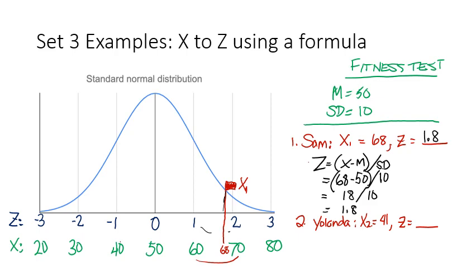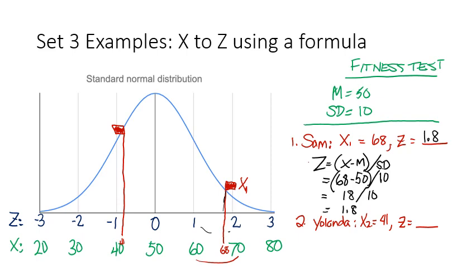So we know the 41 is going to be really close to this 40. And we know that the line we draw upward is going to be about like this. And we might even be able to estimate that it's going to be 0.9, a number between 0 and -1. So negative 0.9 is my prediction. But let's check it with math.